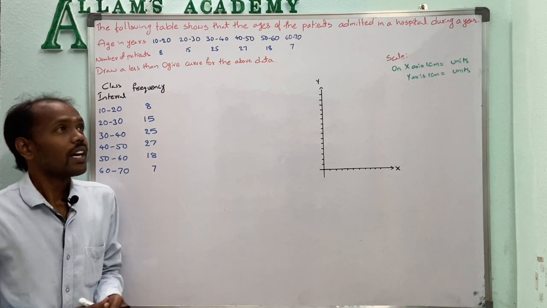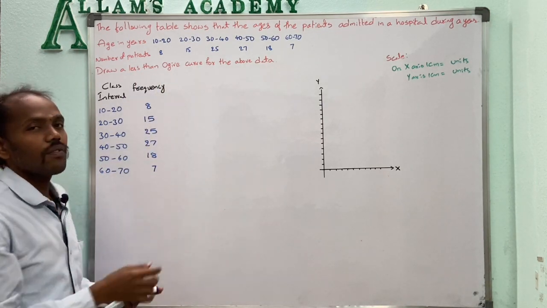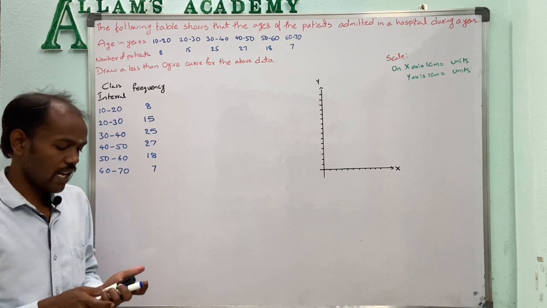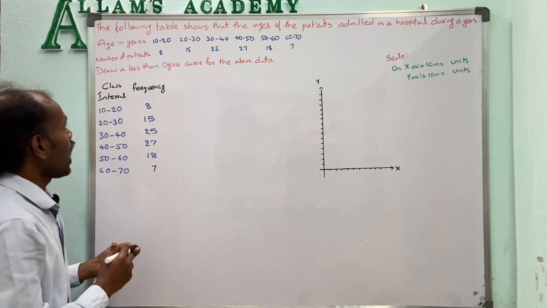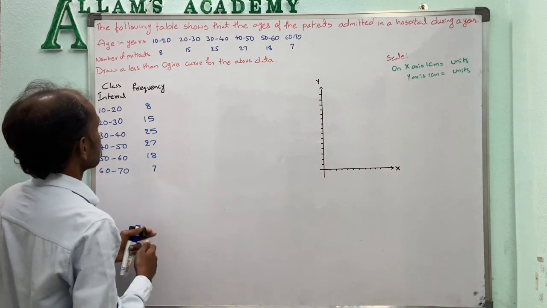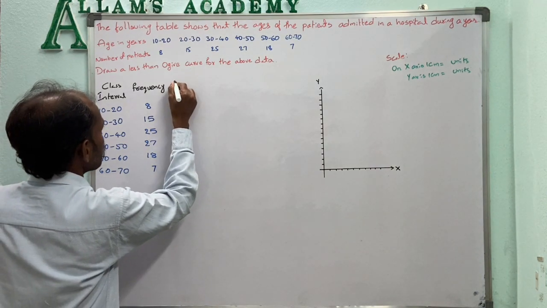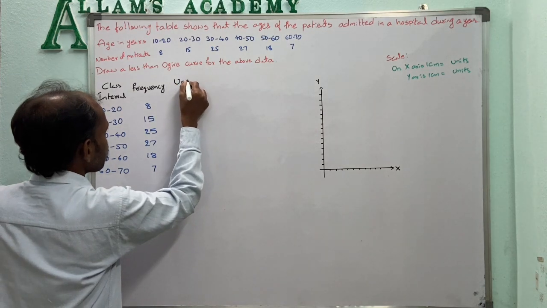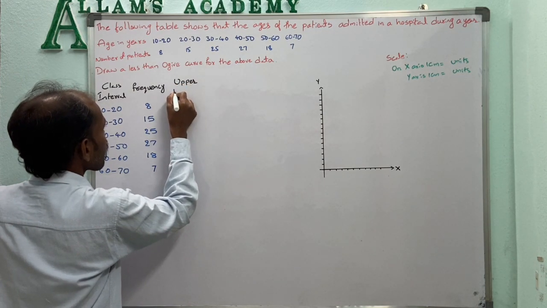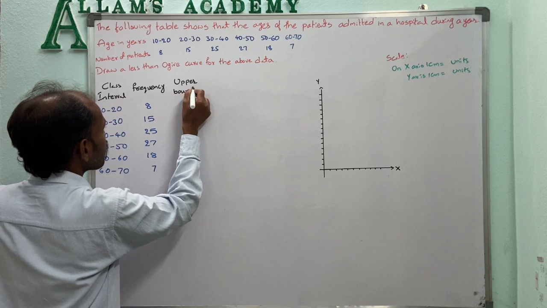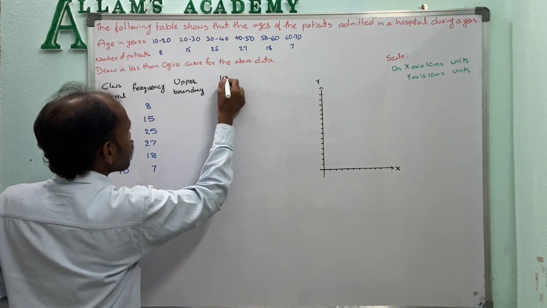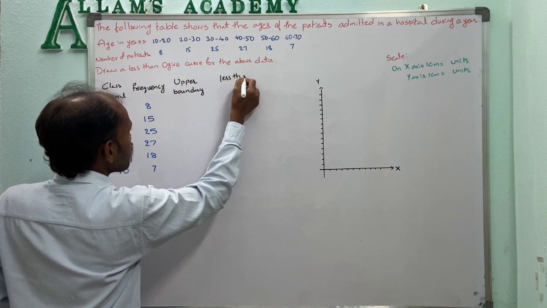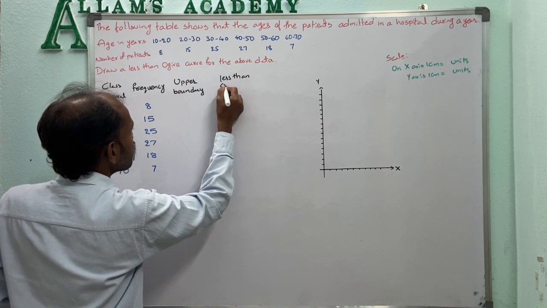Now for the less than ogive curve, as we already said, we have to take the upper boundaries and find the less than cumulative frequency.